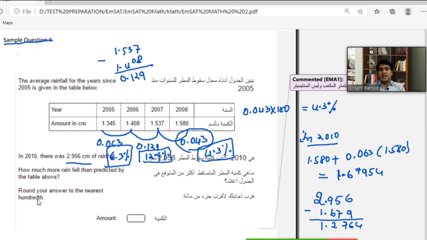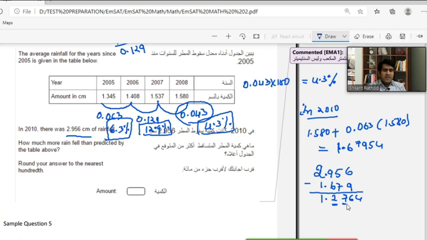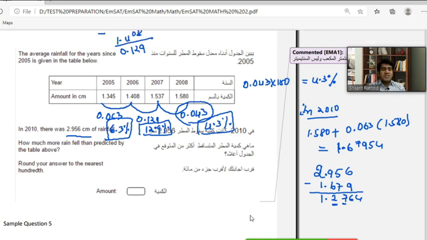But the question says, round your answer to the nearest hundredth. To round the answer to the nearest hundredth, this is called the tenths place and this is called the hundredths place. If the number next to the hundredths place is greater than or equal to 5, we add 1 to the hundredths place number. And if the number next to the hundredths place is less than or equal to 4, means between 1 and 4, we keep that number as it is.